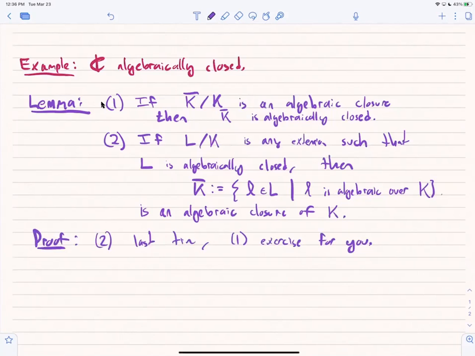The idea is very similar to how we proved 2. You want to use the fact that any polynomial over K has a root, and then, how can you use that to show that any polynomial over K bar has a root?